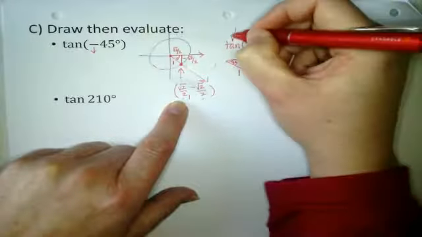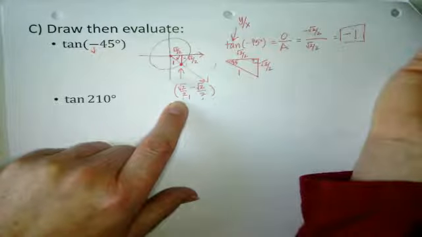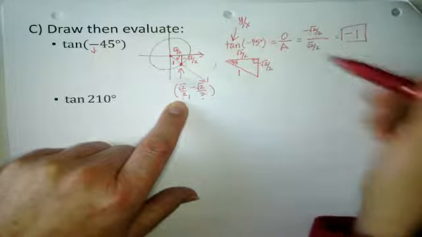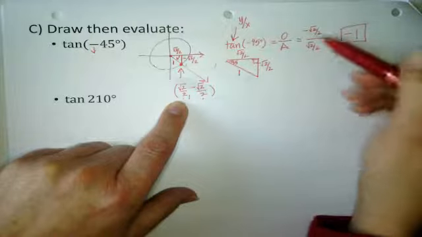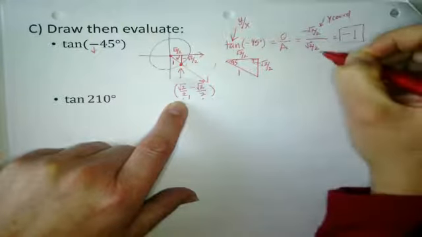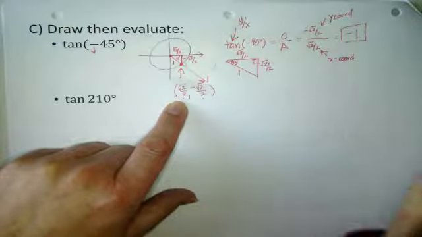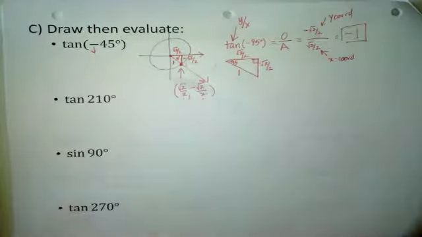So if you want to do the tangent ratio, it's really the y coordinate over the x coordinate. And you'll get the same thing. That's what we're doing here. This is the y coordinate divided by the x coordinate. All right. So tangent is y over x using the unit circle.